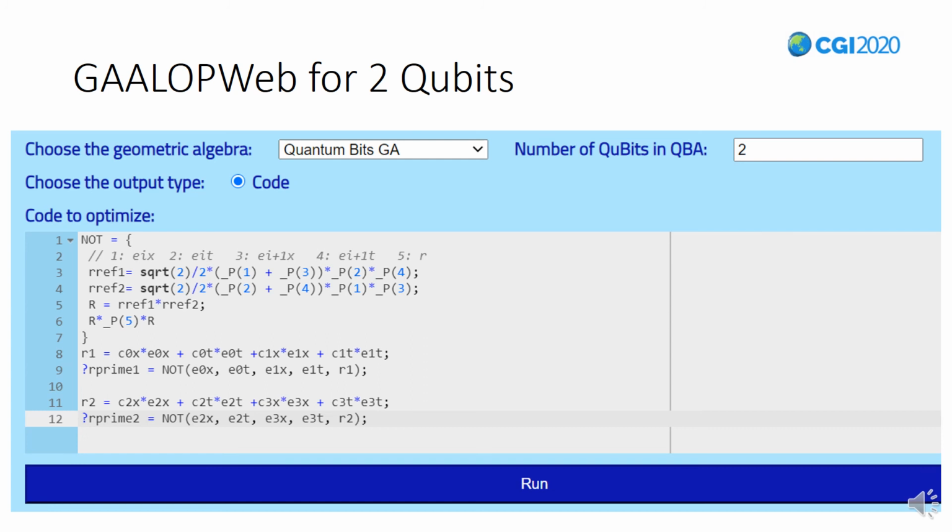And then we define the state vectors r1 and r2 based on the corresponding basis vectors for these qubits, and compute the NOT operation on that, and evaluate r prime 1 as well as r prime 2, since both are equipped with a question mark.